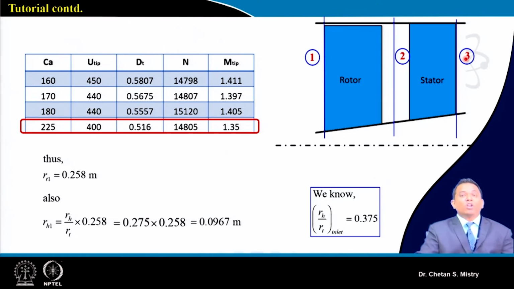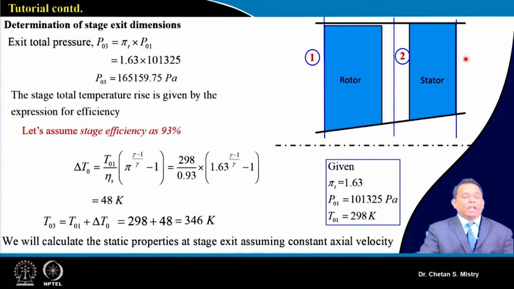Our pressure ratio is 1.63, and our inlet pressure is 101.325 kilopascal. Based on that we can calculate our exit total pressure.